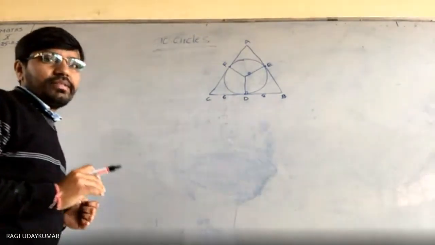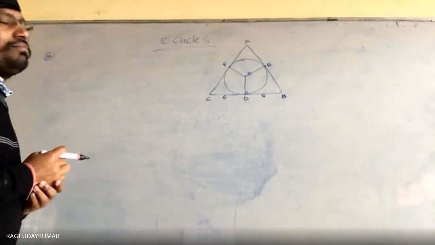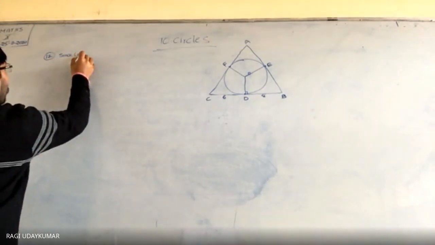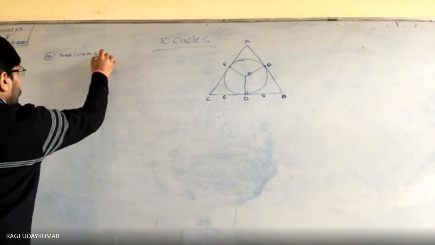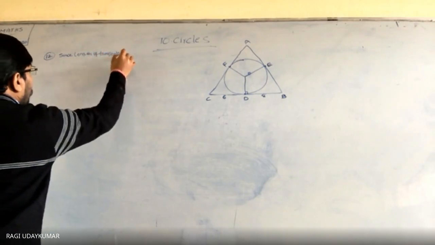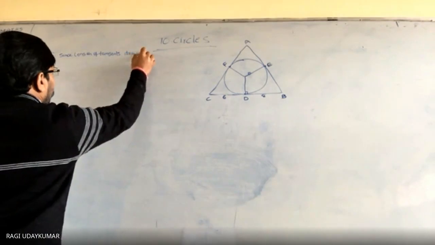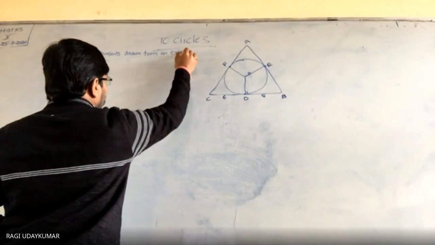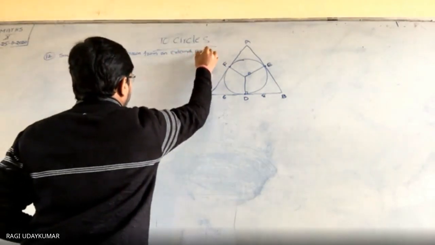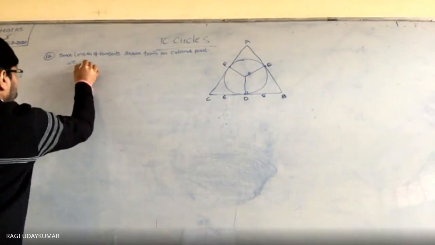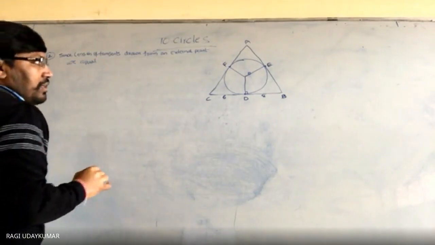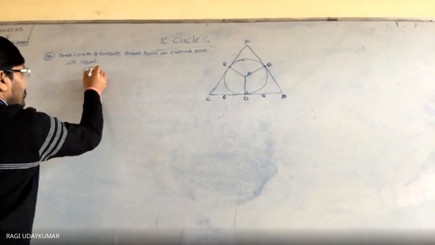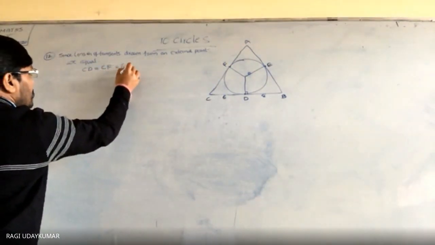Since the lengths of tangents drawn from an external point are equal, we can say that CD is equal to CF, which is equal to 6 centimeters.